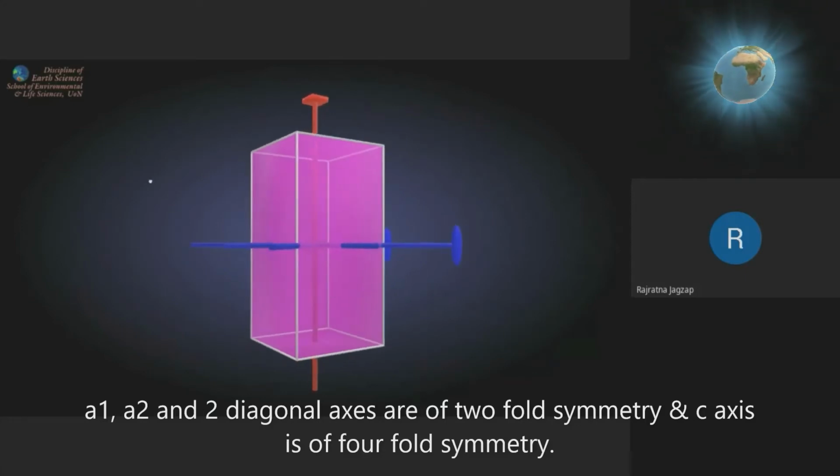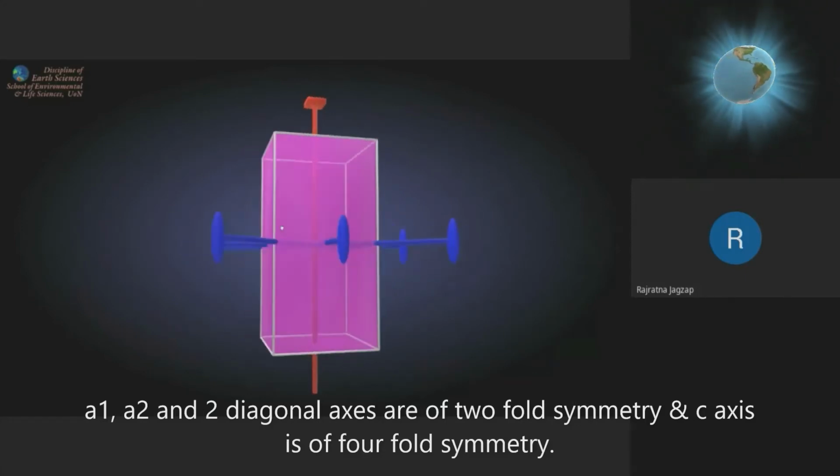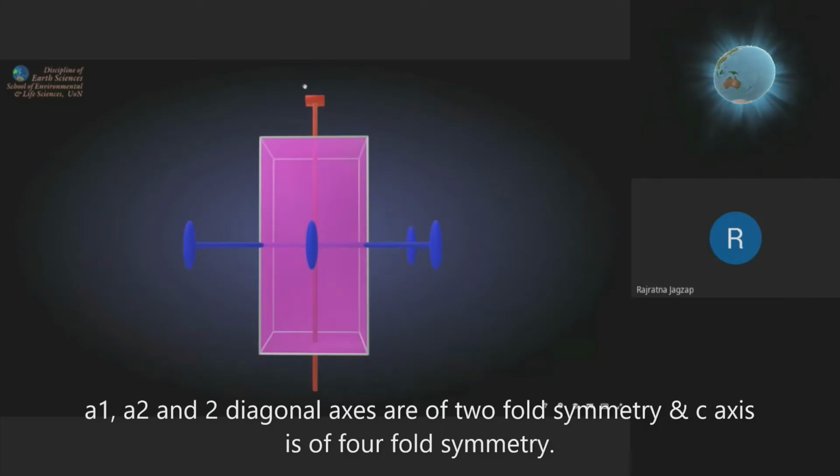How much do we rotate? We rotate one complete rotation, 360 degrees. And we check how many times a similar face, that is the rectangular face, appears at the same place, the front position, when we rotate the crystal model through a 360 degree rotation angle.